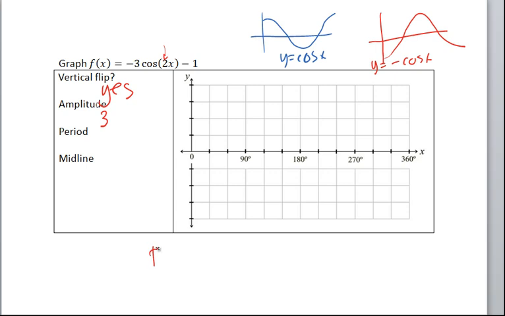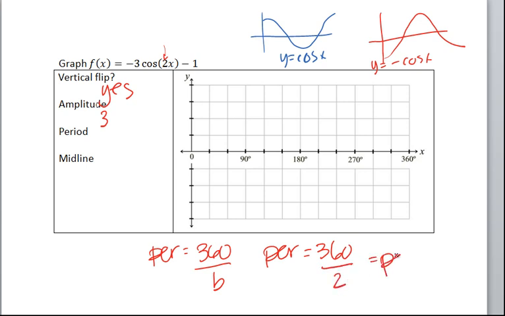So remember my formula is that period is equal to 360 over b, and in this case b in my equation is 2, so that means my period is equal to 180 degrees. My midline is a vertical shift, and that says it's down 1, so that's the line y equals negative 1.